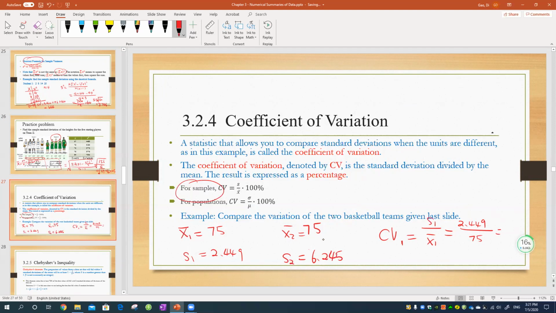Which is 3.27%. And then for the second team, the coefficient of variation equals S2 divided by X2 bar, which is 6.245 divided by 75, which is 8.33%.